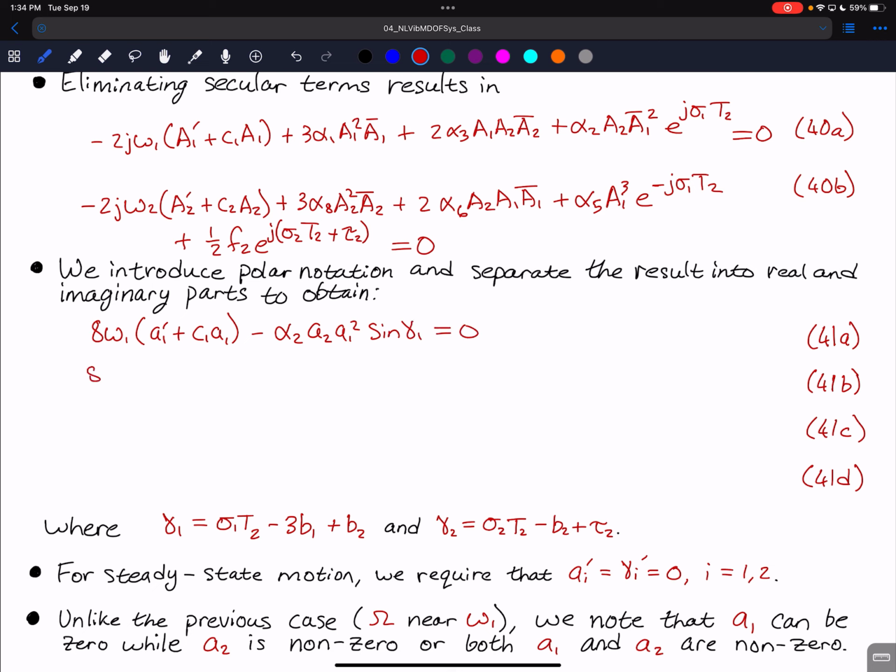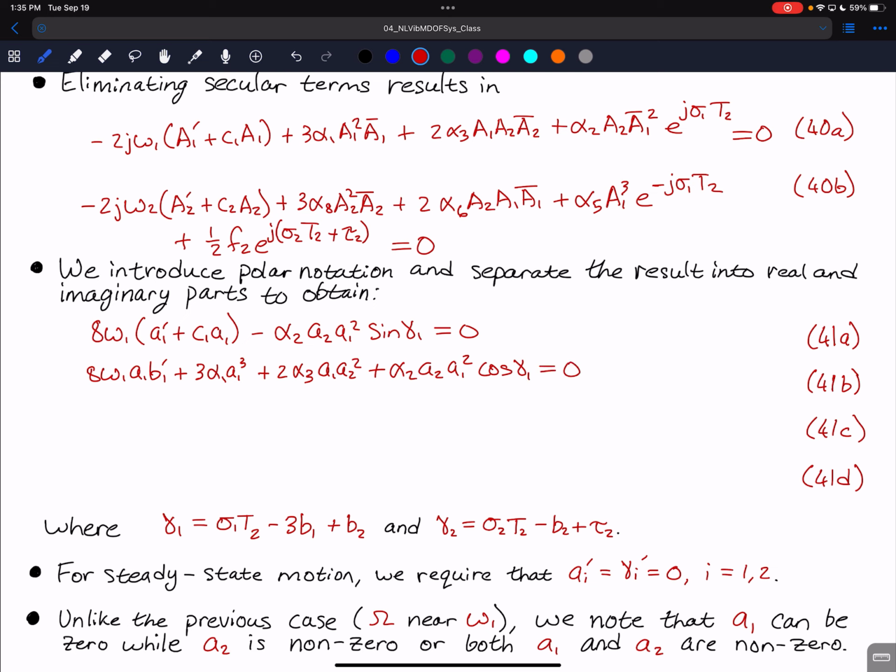Then we'll get 8 omega 1 a1 b1 prime plus 3 alpha 1 a1 cubed plus 2 alpha 3 a1 a2 squared plus alpha 2 a2 a1 squared times the cosine of gamma 1 is equal to 0.